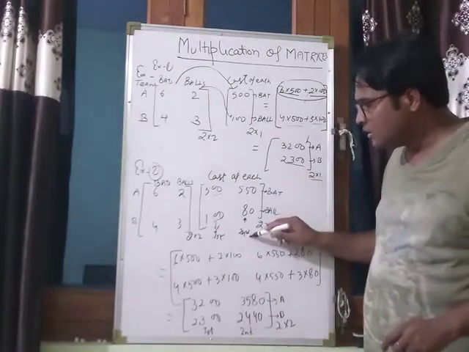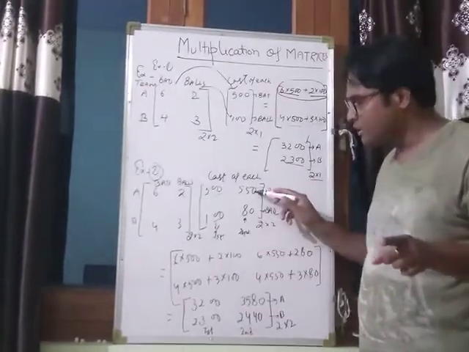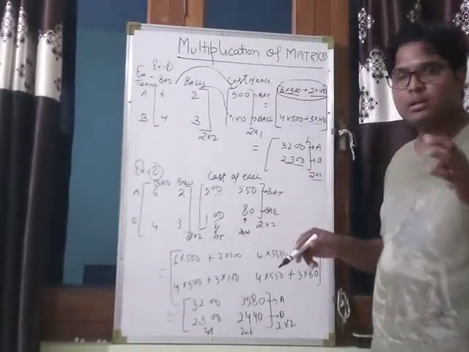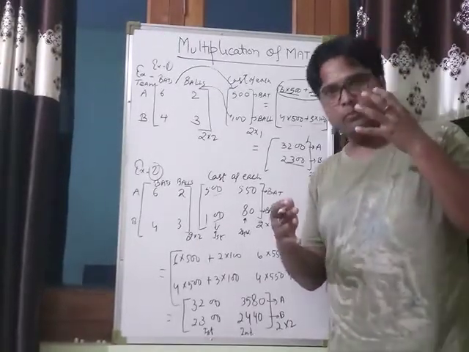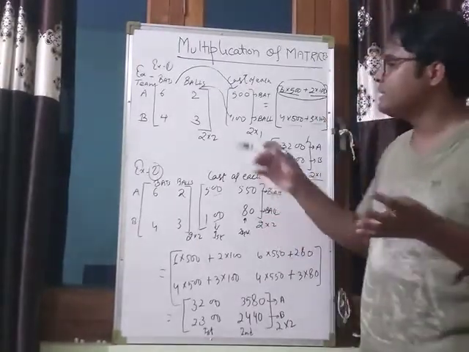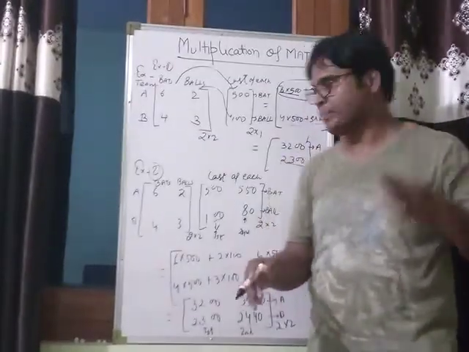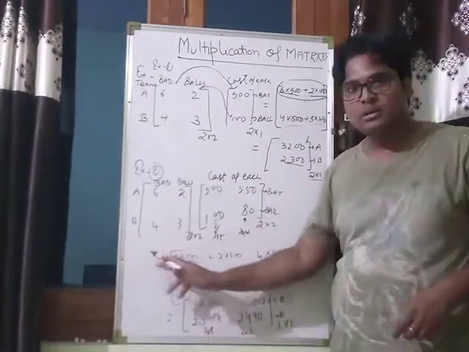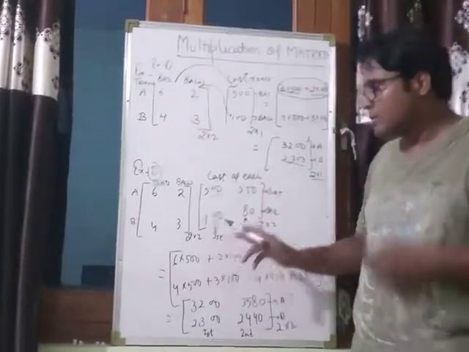And in the second shop, the cost of one bat is 550 rupees and one ball is 80 rupees. Then what is the money required by team A and team B for both shops? This information is represented by a matrix, and this information is also represented by a matrix.